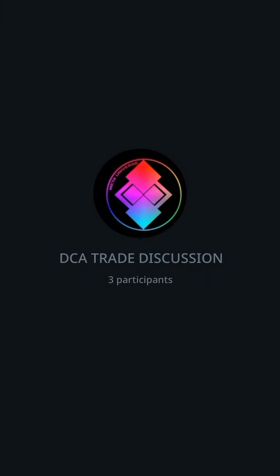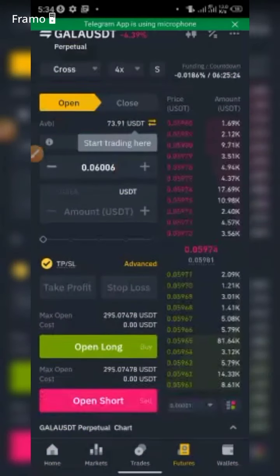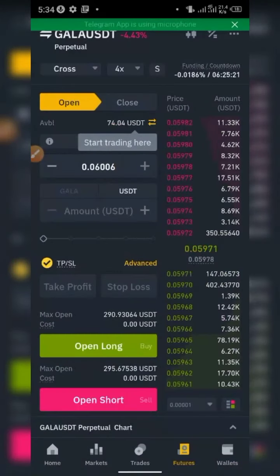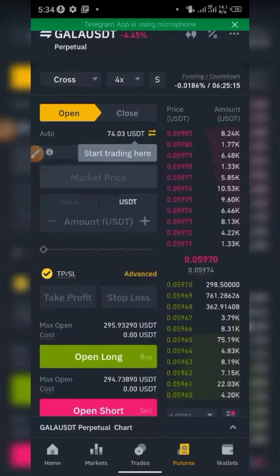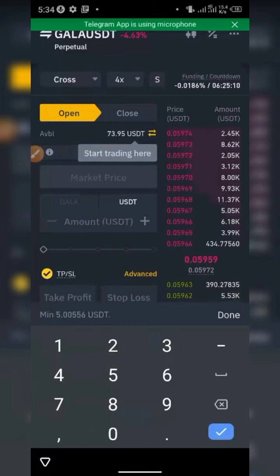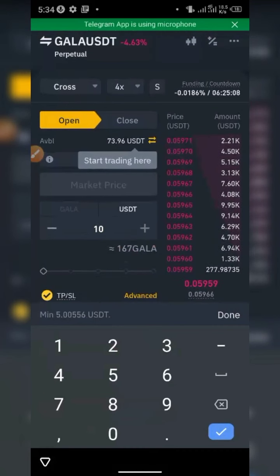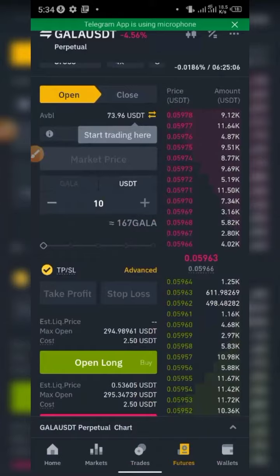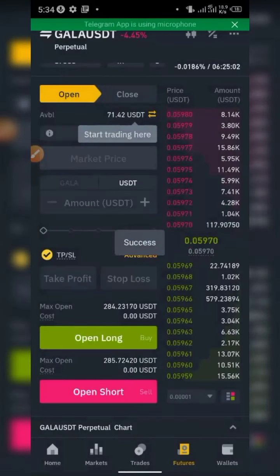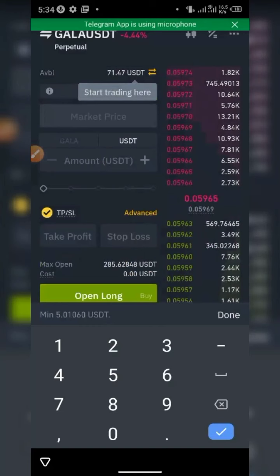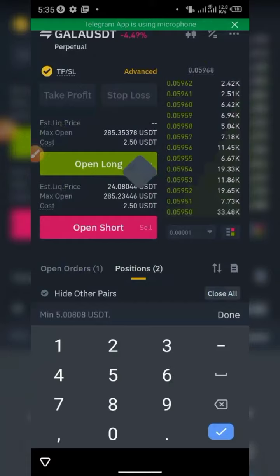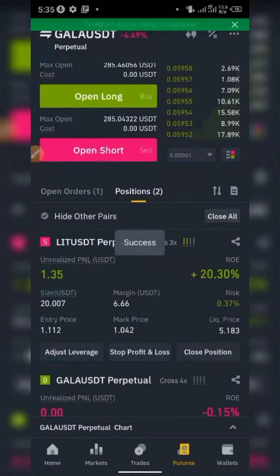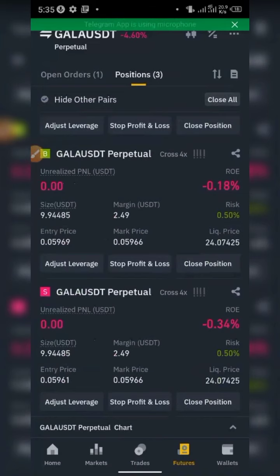So let's say we want to enter for long. I'm going to do an illustration for us to see how it works before I give you the strategies involved. So let's say I will long, I'll put 10 USDT on 4x. I've clicked on long, it is working. Then I'll put short. It's also working. So this is the trade.